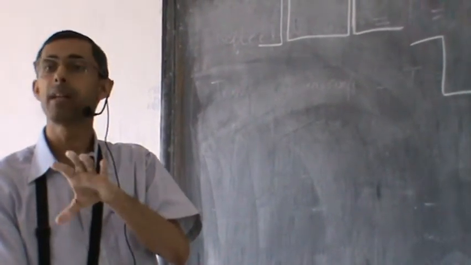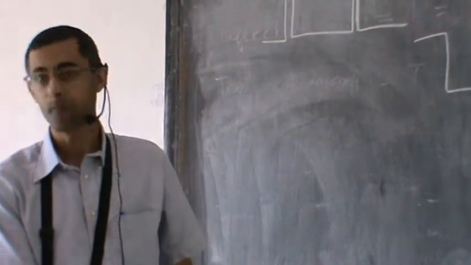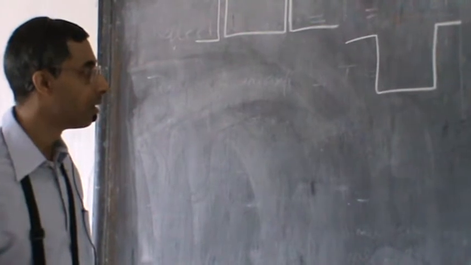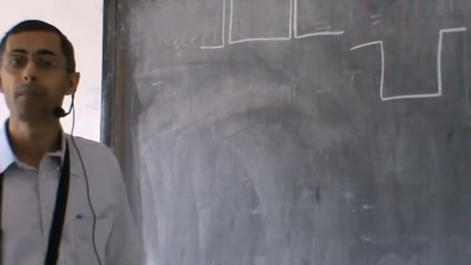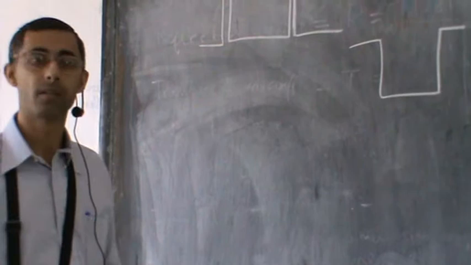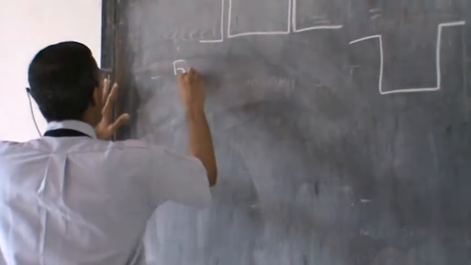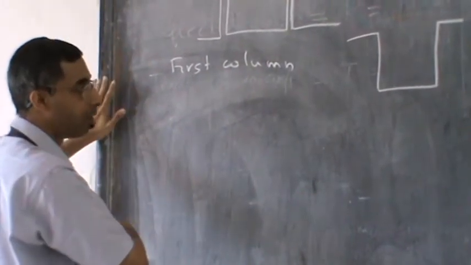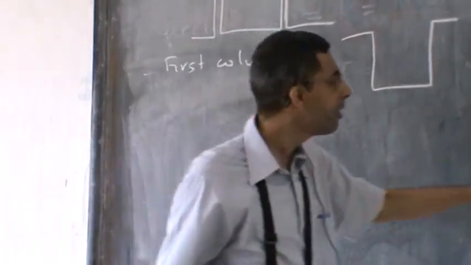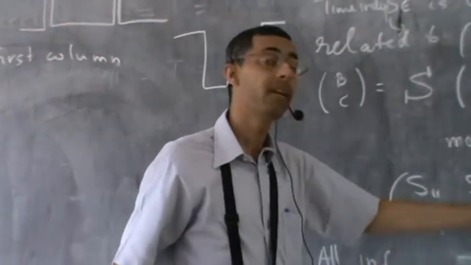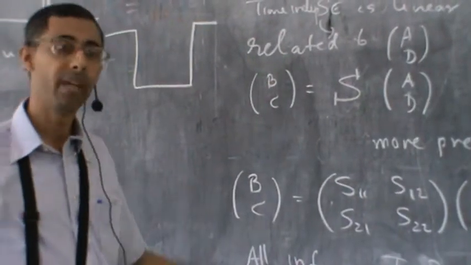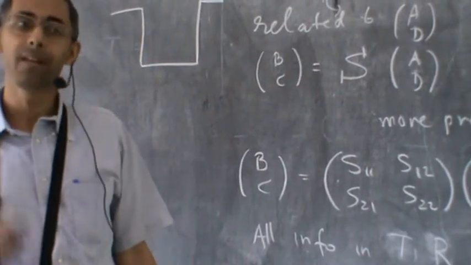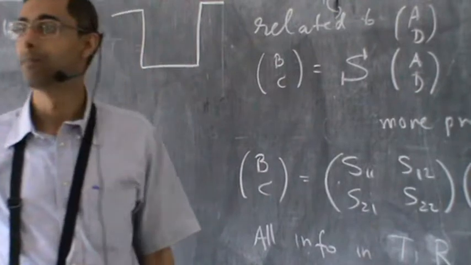Now to understand a matrix, we have to understand its columns. Let us see the first column. What physical problem does the first column of S represent? Notice, how will you pick out the first column? A and D are in our control. B and C are outputs. For what choice of A and D can I pick out the first column?